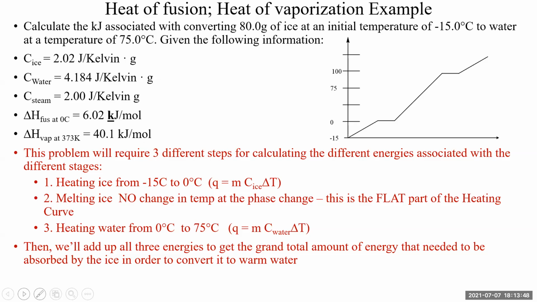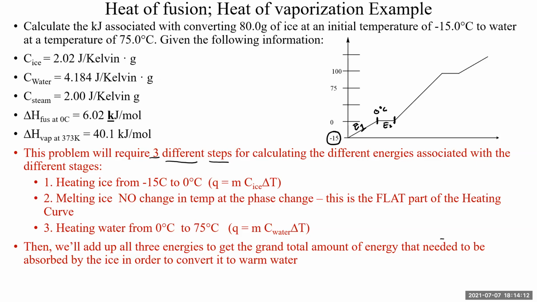Okay, so I'm just going to outline the solution to the problem, and then we're going to walk through the problem itself. This problem requires 3 different steps. Step 1 is going to take us from -15 degrees to 0 degrees Celsius. That's the energy of step 1. The energy of step 2 is going to involve the transformation from solid ice to liquid water.